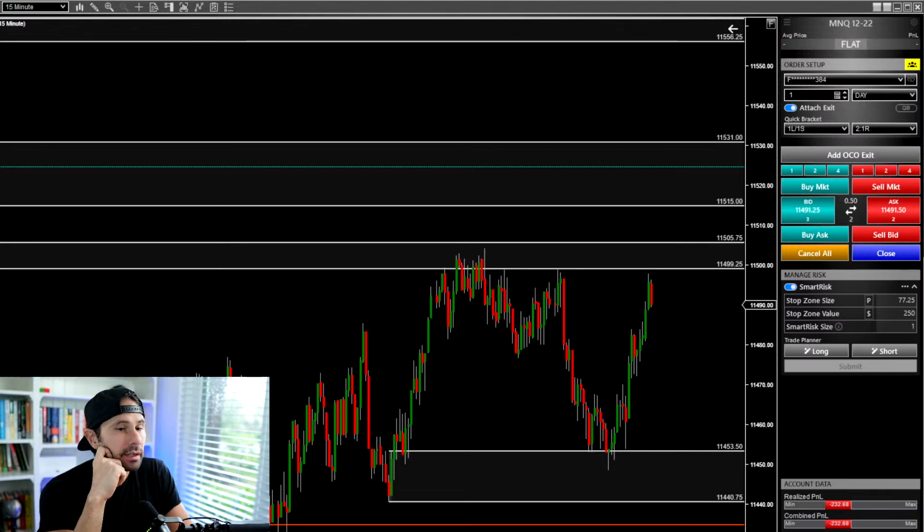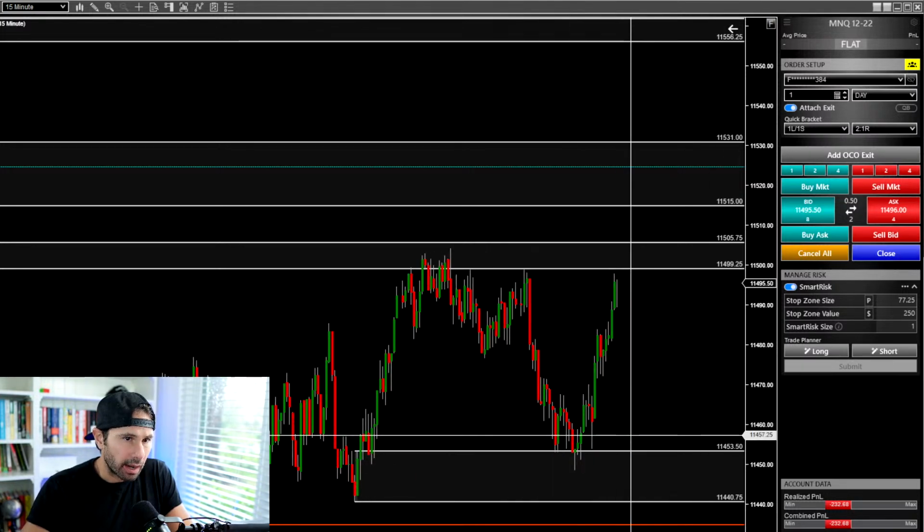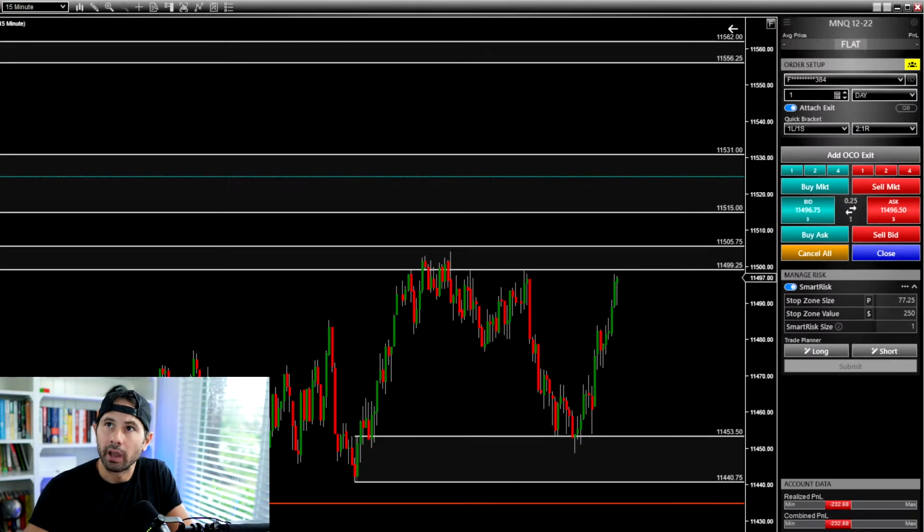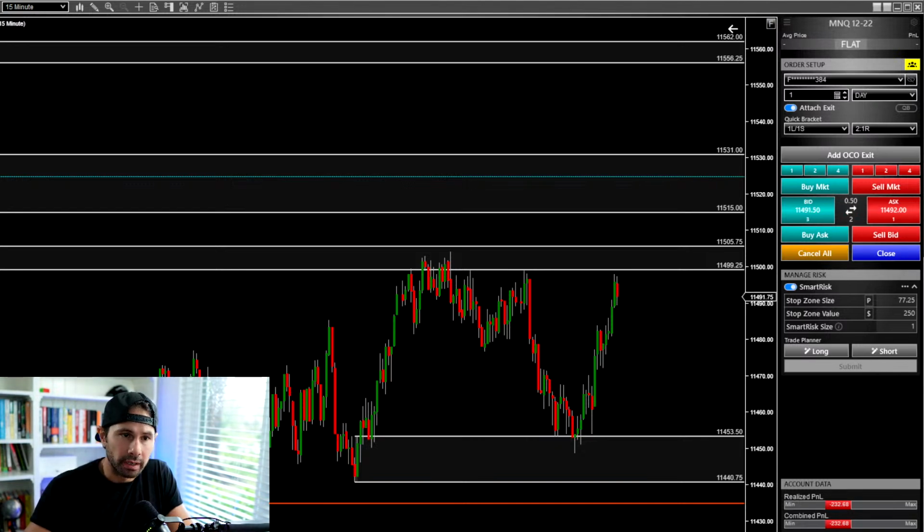So this area of demand that I put here ended up working. Now I'm biased to the short side, and my bias to the short side is based on what the dollar's doing. The dollar was dropping hard, and then it made its lows from London. London started to rise the dollar right here, to buy the dollar.